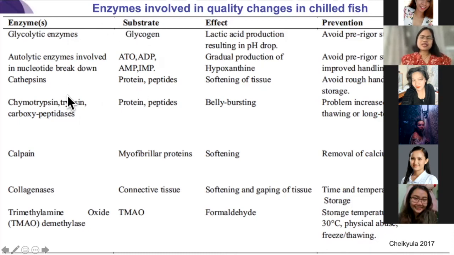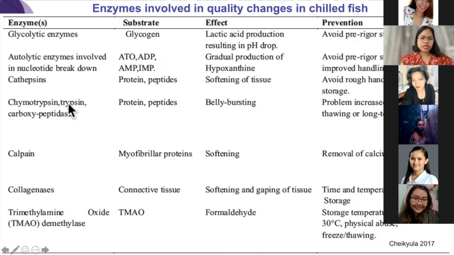Okay, you just study this table, no? You have to note na ang calpains, they attack the myofibrillar proteins and it causes softening. And then yung collagenases, yung substrate nila is the connective tissues and also causes softening and gaping of tissue.